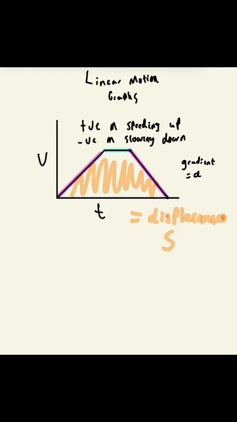When you find these areas, usually you only have to find them using simple shapes. Like for this one, it's a pretty simple shape, so it would just involve simple geometry.